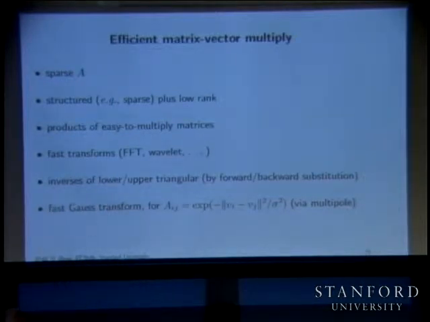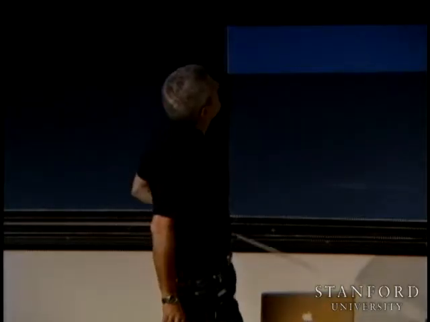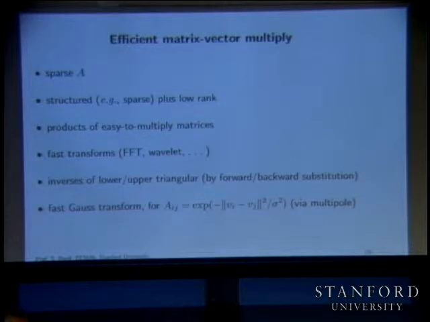Here's a matrix that is dense, well, half dense, and that's this: the inverse of a lower triangular matrix. In fact, even the inverse of a sparse lower triangular matrix. That's a great example. So I give you a sparse lower triangular matrix. By the way, the inverse of that is generally completely dense.